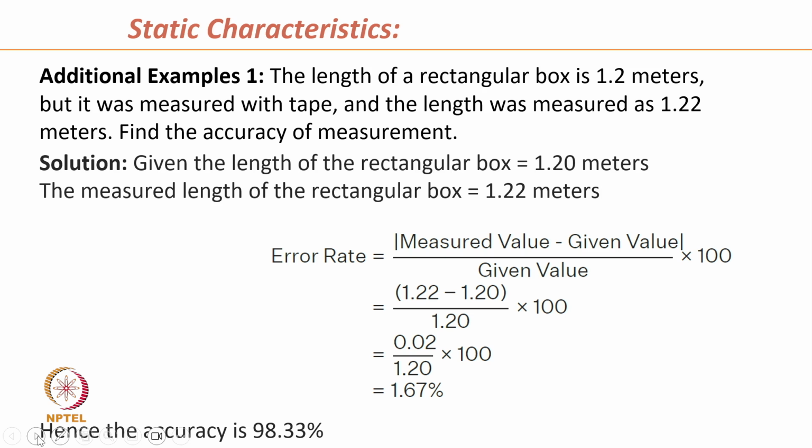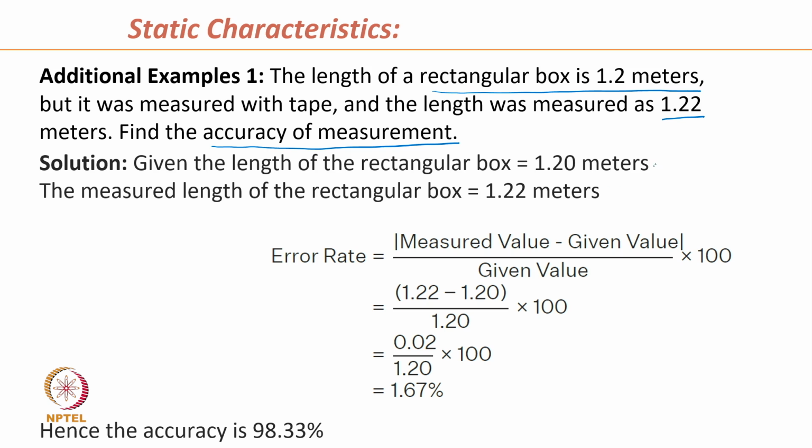These are some other examples. For example, the length of a rectangular box is 1.2 meter, but if it was measured with a tape and the length was measured as 1.22, what is the accuracy of the system? A similar kind of example we considered earlier as well.